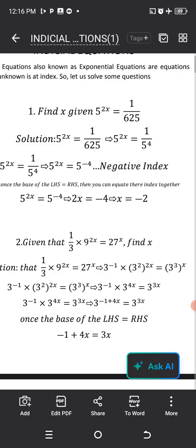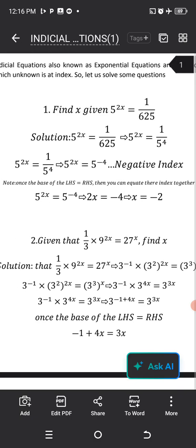That is 625 changed to 5 raised to power 4, because we change it to index form. The index form of 625 is 5 raised to power 4, that is, multiplying 5 four times: 5 times 5 times 5 times 5.